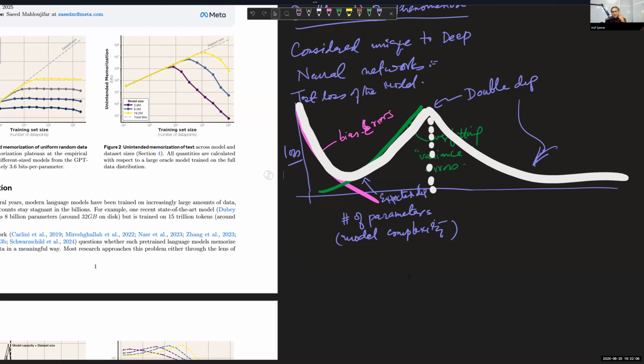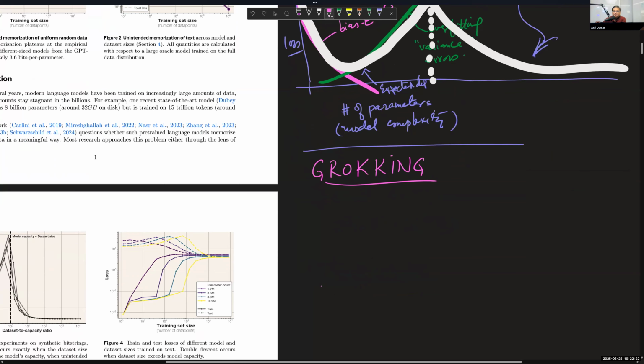So this is it. A somewhat related concept is the concept of grokking. Grokking is an interesting concept, again quite unexpected.